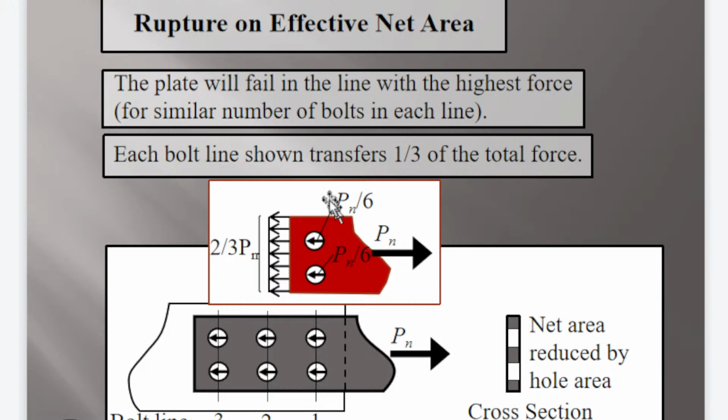That is for this part, and after that we have this part. This part is 2/3 because the holes are also exerting 1/6, 1/6. There are 2 of them, so 1/3. So this part exerts 2/3. Take note.